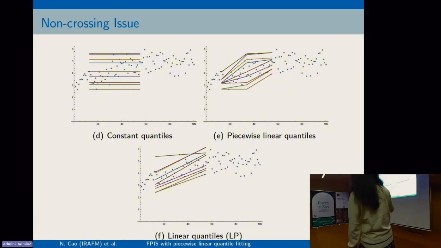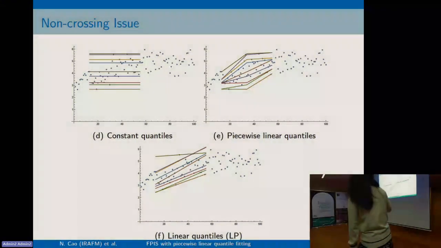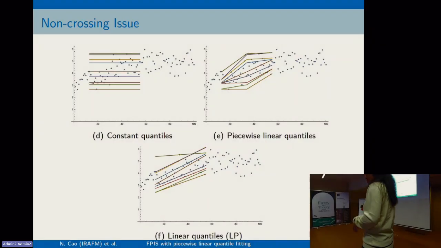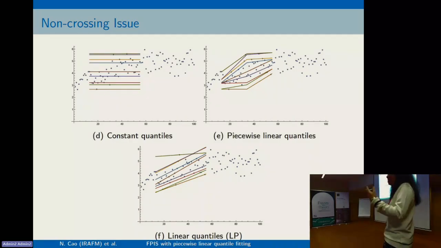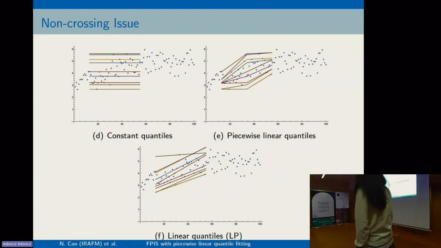Similarly for our piecewise proposal, it can cross, but you don't see it because we fixed it. We don't have the picture of crossing, but it is crossing. This is already fixed.